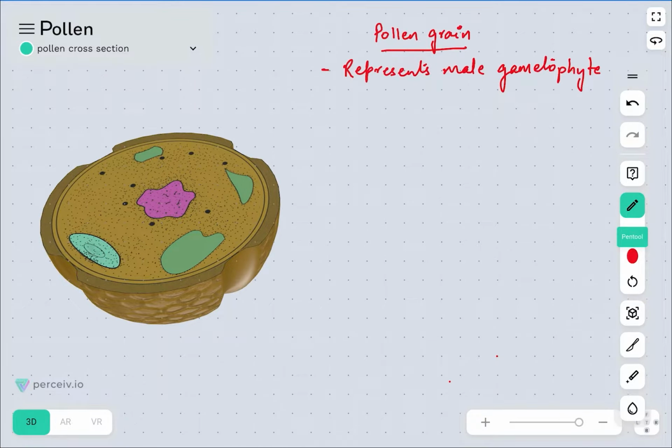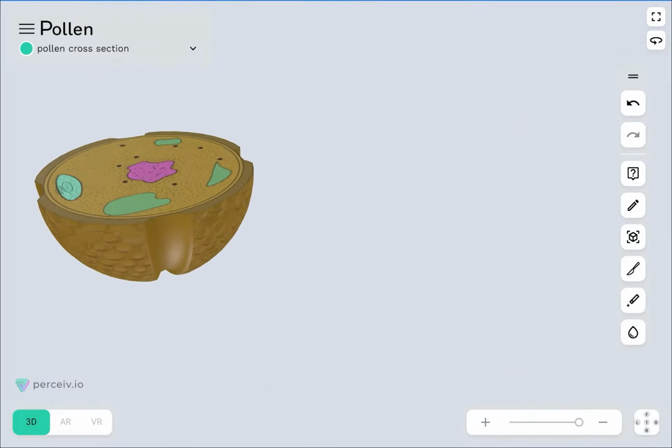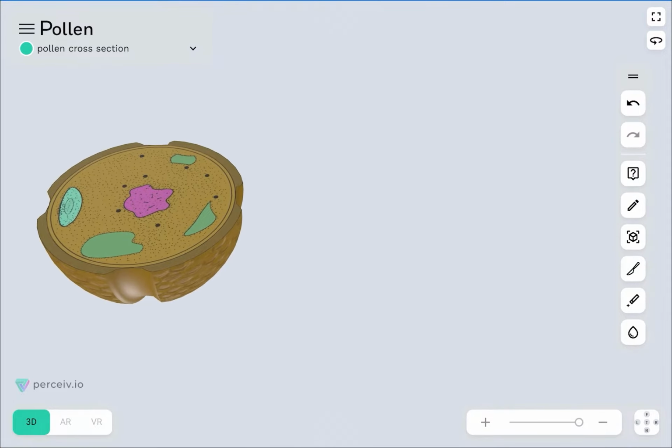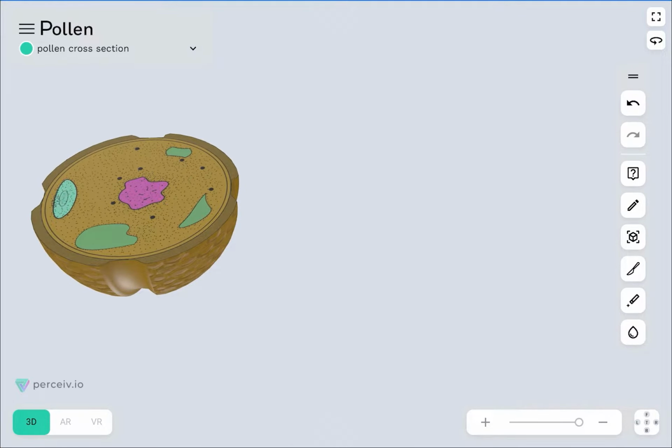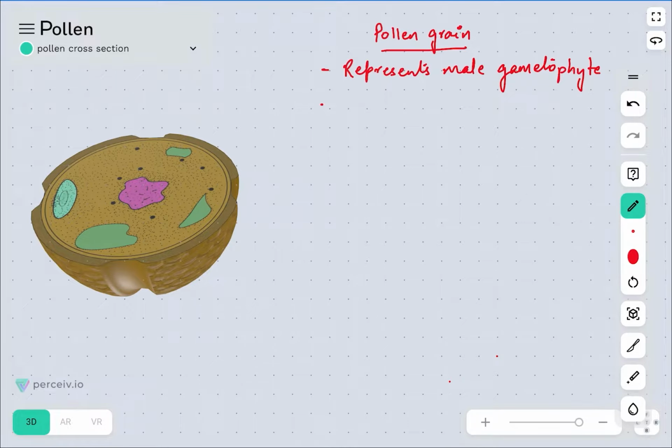The shape of the pollen grain is usually spherical. And what about the size? The normal size of a pollen grain is around 25 to 50 micrometers in diameter.